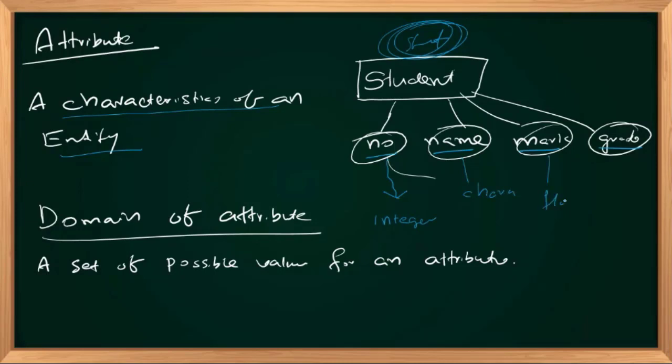Mark is float or integer. Grade is alphabet only. So the domain of an attribute is the permitted set of possible values of an attribute.